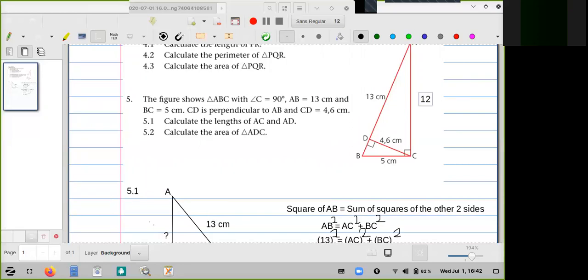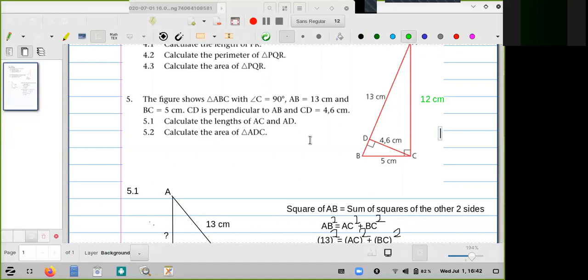It's 12 centimeters. We calculated this and found that it's 12, right?